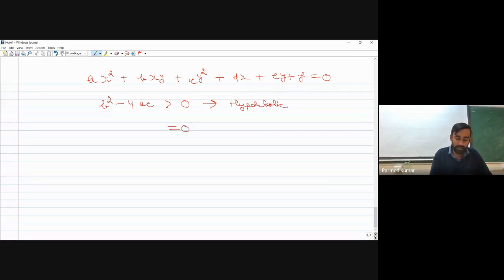If it is equal to 0, it is parabolic, and if it is less than 0, we call it elliptic.